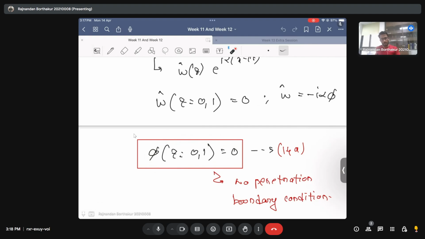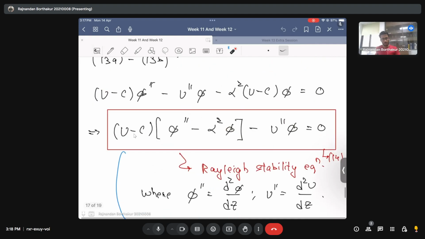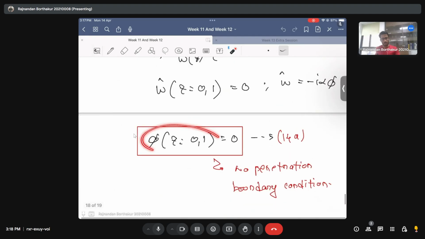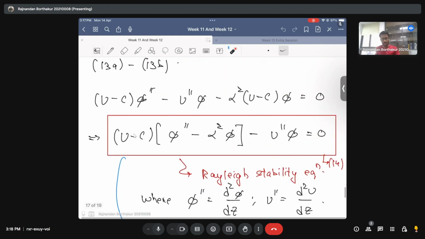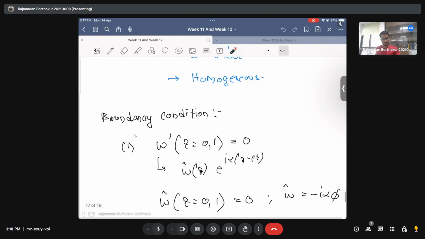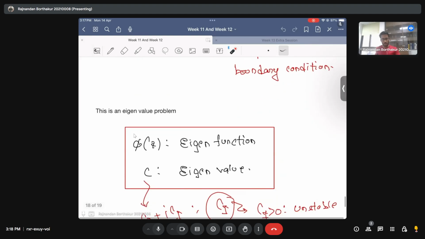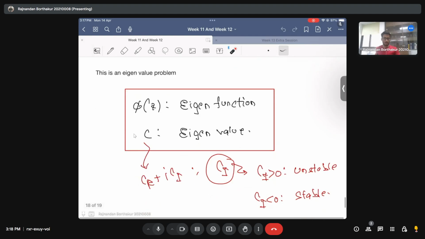So there are two homogeneous boundary conditions to be precise, because this is a second order problem. This indicates that it is indeed an eigenvalue problem, where we are trying to solve for the eigenvalue and eigenfunction pair, which will eventually dictate the stability of the problem.